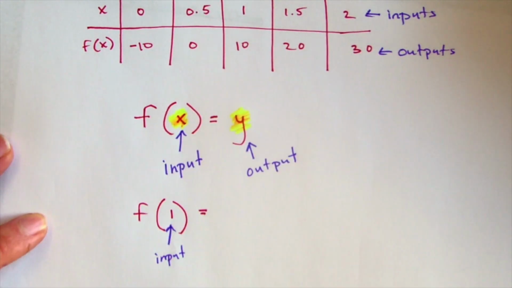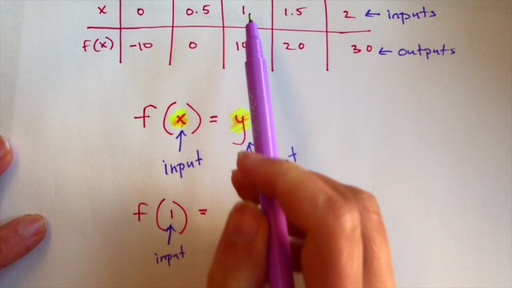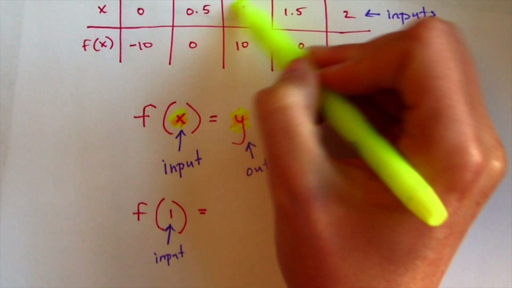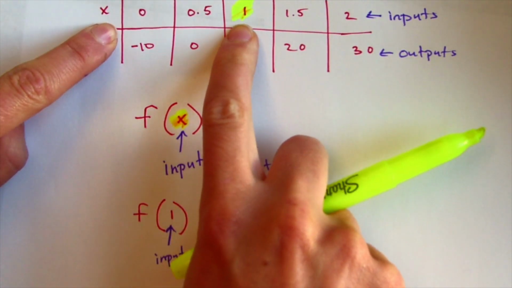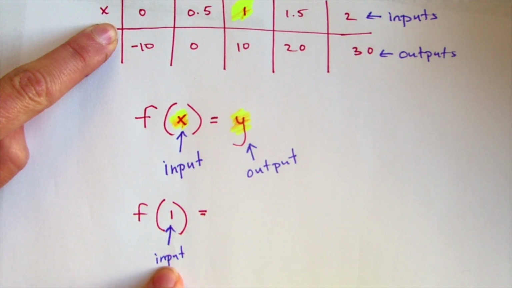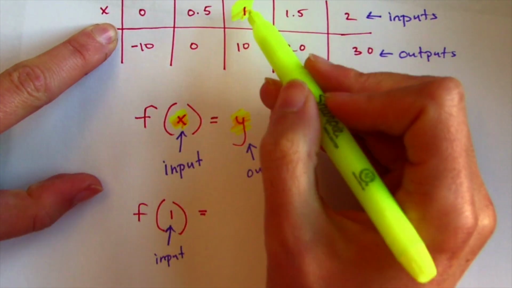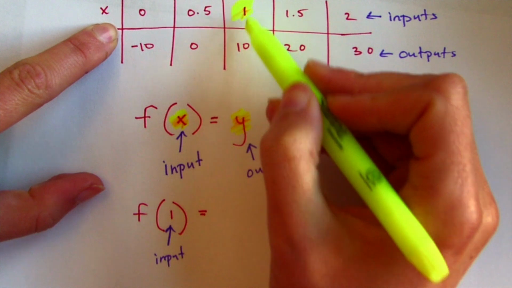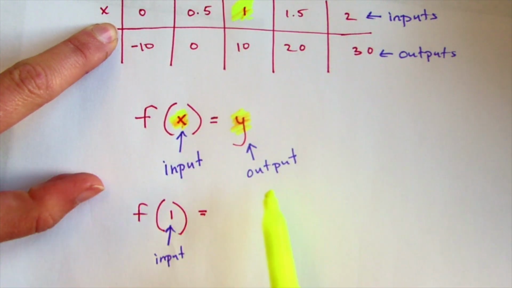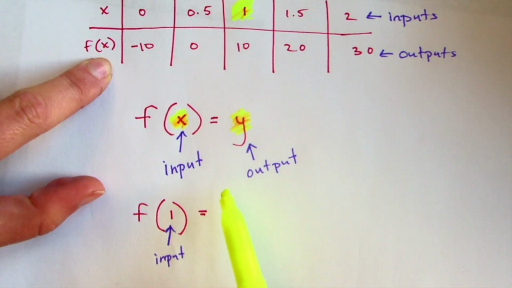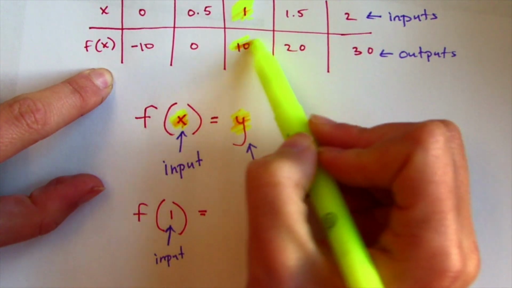So if 1 is my input, I'm going to go up to the table and look for where x is equal to 1, because that's my input value in there. And then I'm going to say, okay, when the input is 1, what is the output? What comes out on the other side? What is the whole expression equal to? And the answer is 10.